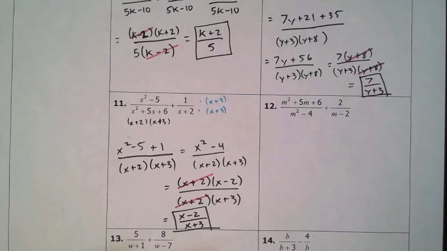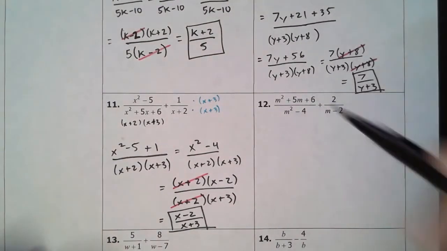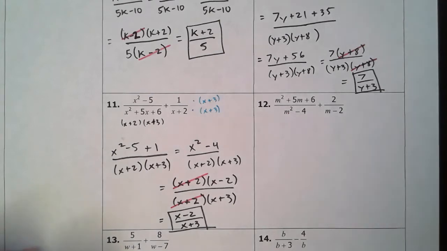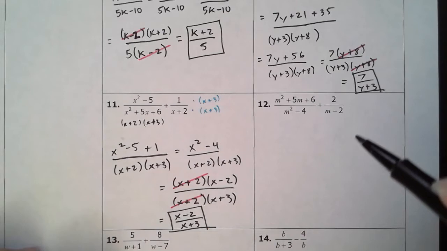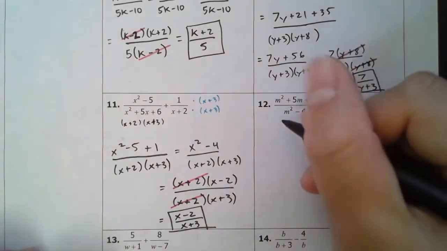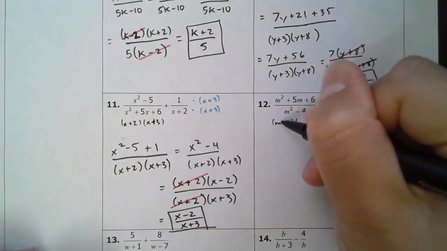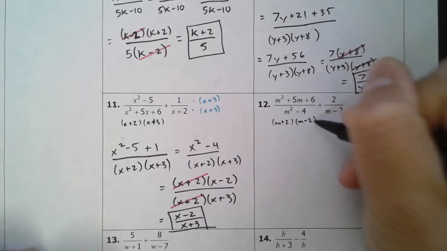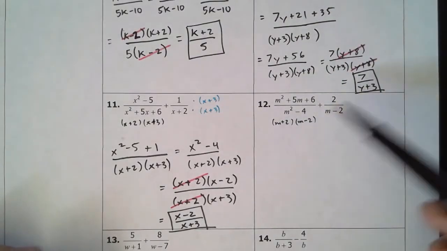Number 12, continuing the same thing, except now the numerator is also going to be something that's factorable, but it works the same way. I want to start with the denominator so we can combine these first. This here is a difference of squares, so m plus 2, m minus 2. I already have an m minus 2 here, so I'm going to multiply by m plus 2 top and bottom.